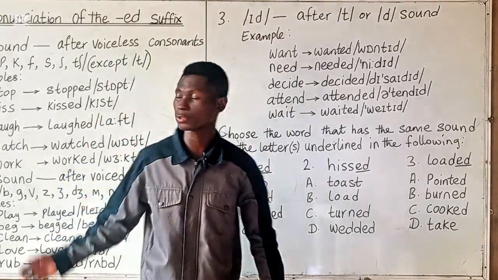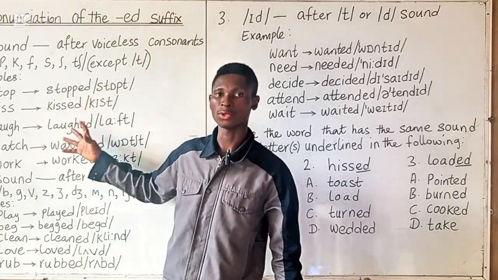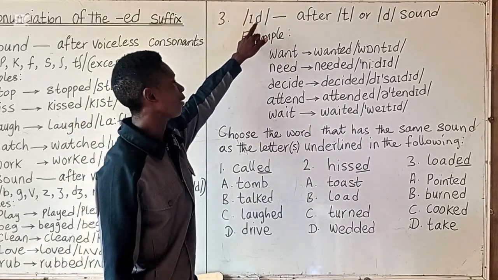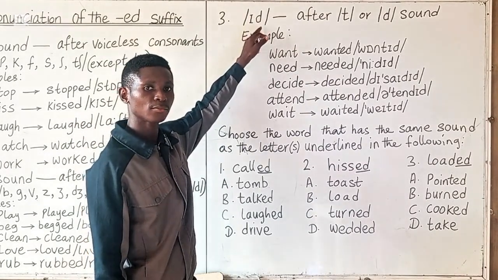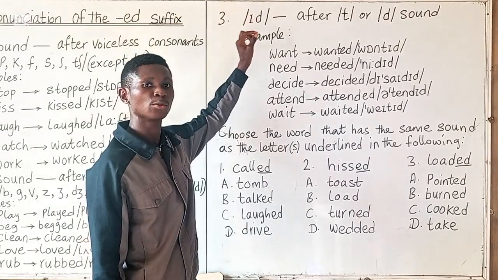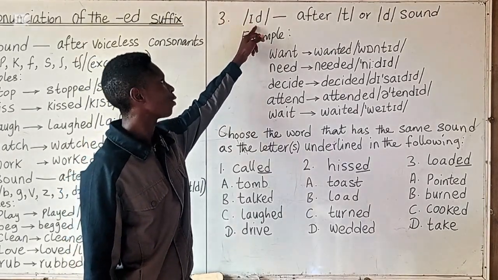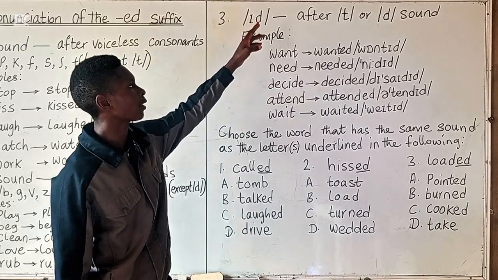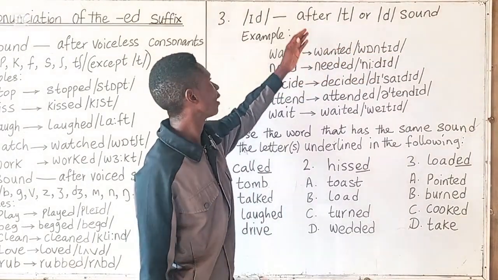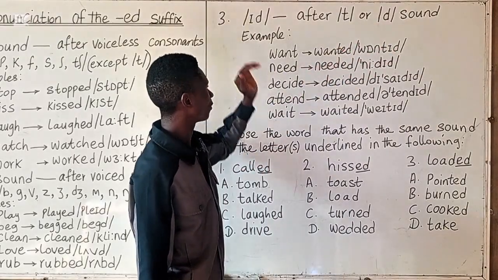In the first instances we considered, all of them are realized as monosyllabic words. But here, once you add the ED suffix to the verb, it turns into a two-syllable word. And this is often realized when we have a word that ends with T or D. So when we have ED after T and D, we realize it as id.